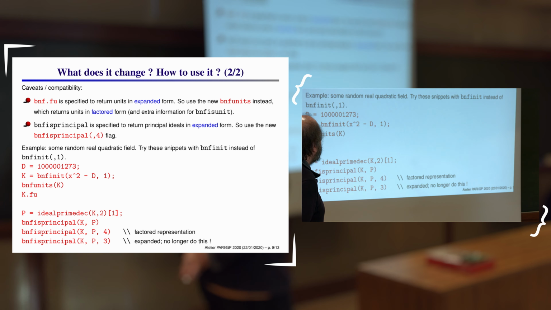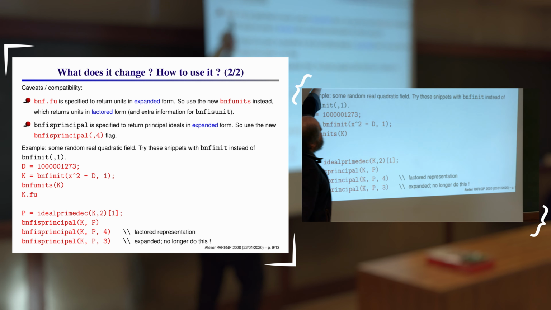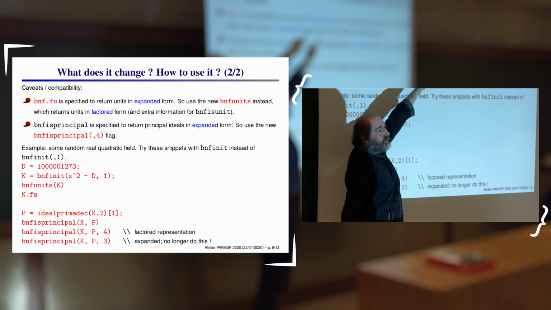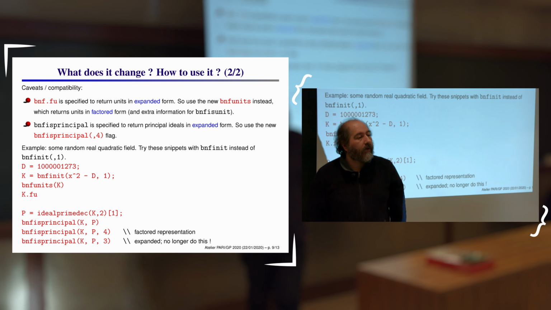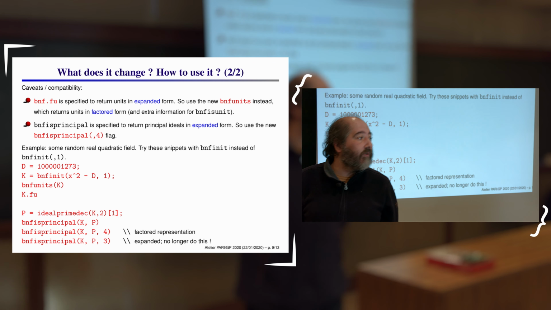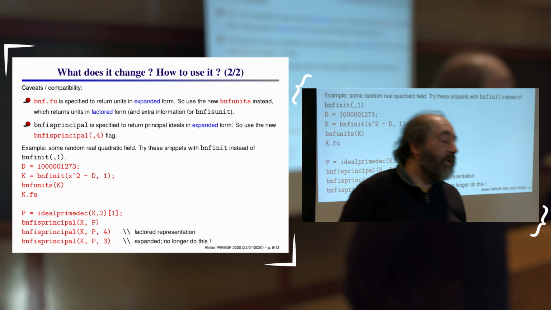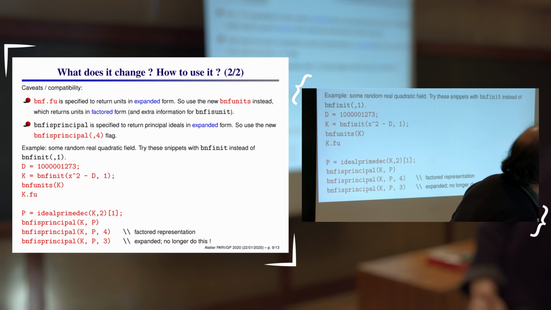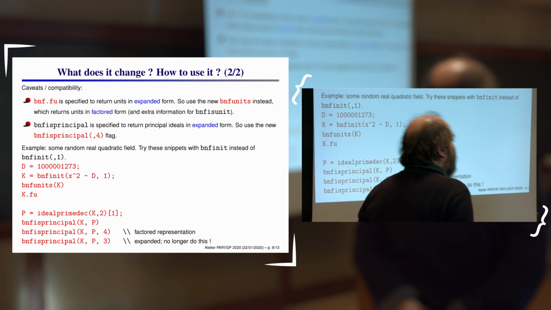So this function still does the same thing. It still returns the units in expanded form, which may be very, very, very expensive. We actually have a very complicated implementation to make that less expensive.